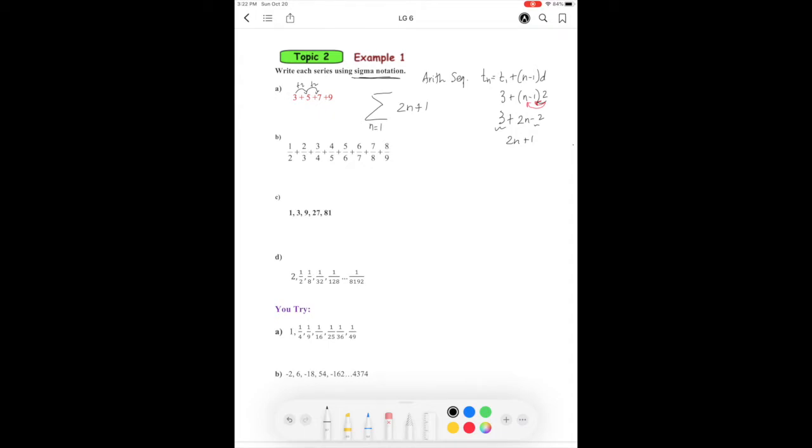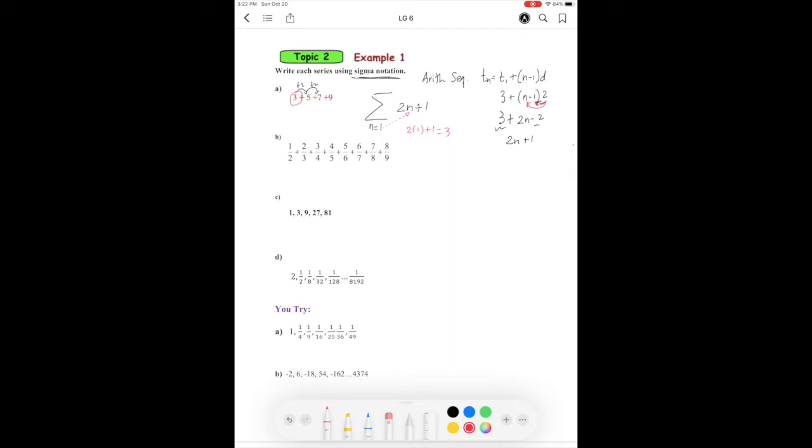Because if I put n as 1, it makes total sense. If I take this 1 and put it into that n, well, what's 2 times 1 plus 1? Well, it's 3. See, there's a 3 there at the beginning. So that's where I start.